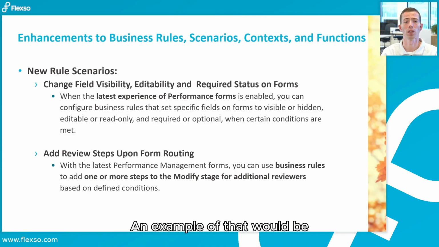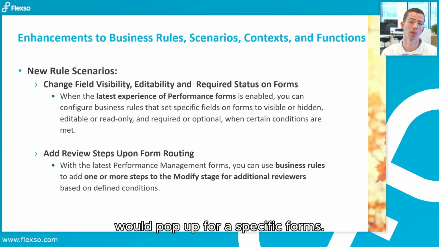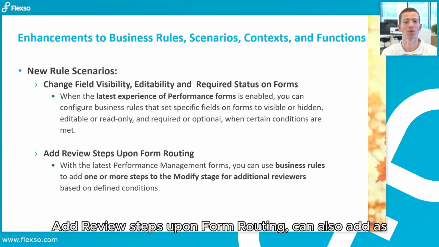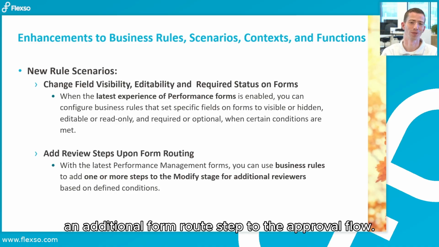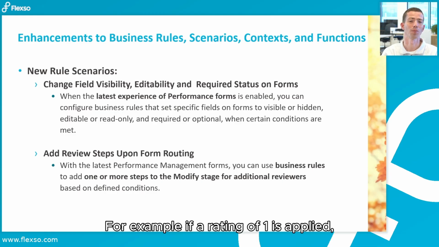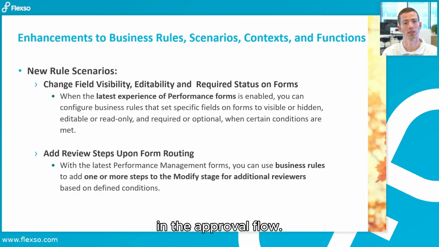An example of that would be if a rating of 1 is submitted, an additional mandatory comment field would pop up for those specific forms. Similarly, the other business rule, add review steps upon form routing, can also add an additional form route step to the approval flow. For example, if a rating of 1 is applied, an additional approval step would have to be followed in the approval flow.